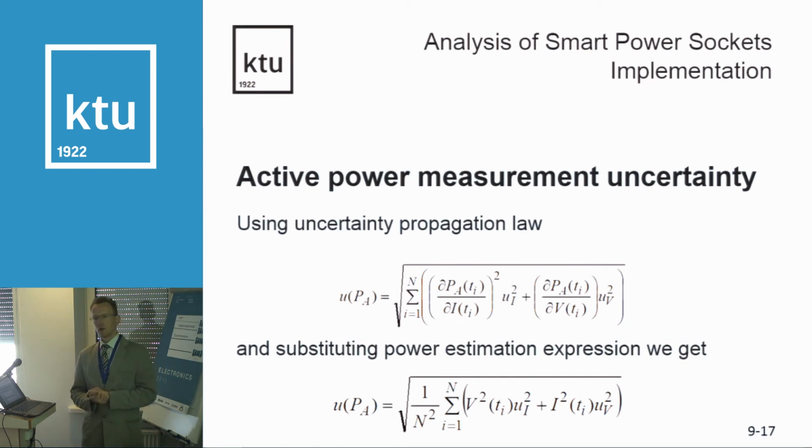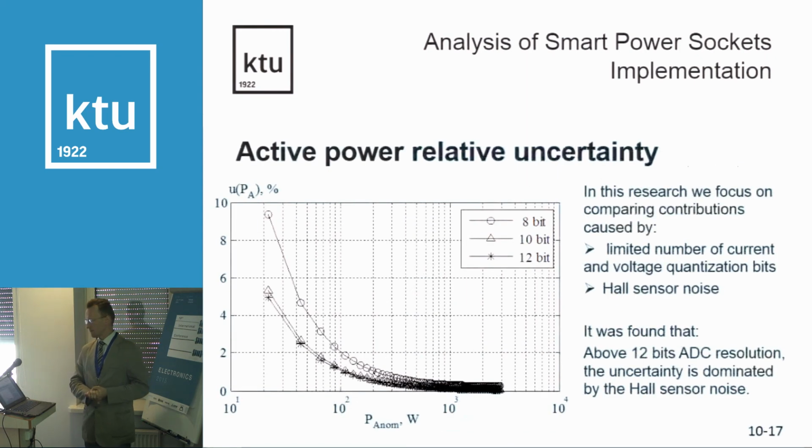We assume the voltage and current channels are not correlated, and substituting the previous formulas into this one, we arrive at the last one. The active power related uncertainty is shown in this picture, where we have the calculation results.